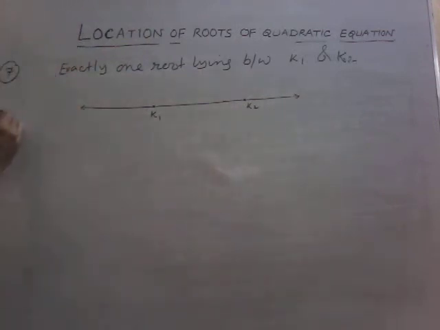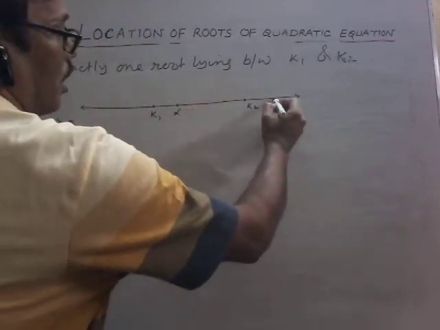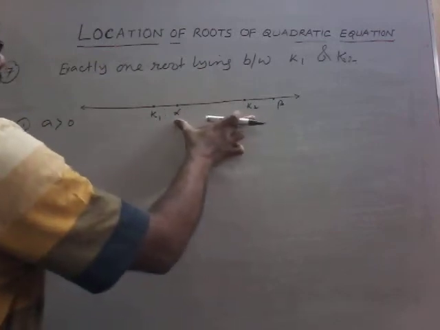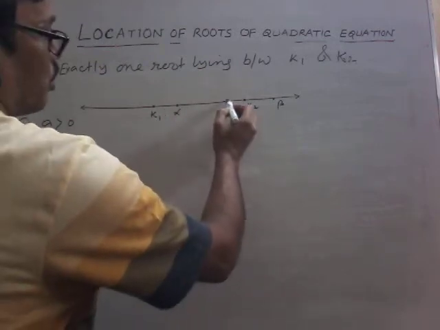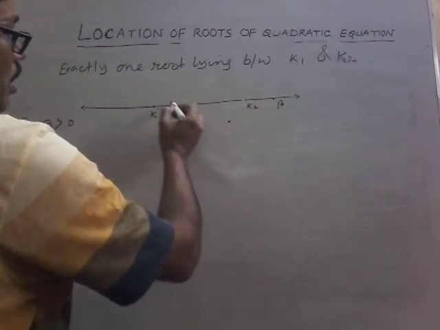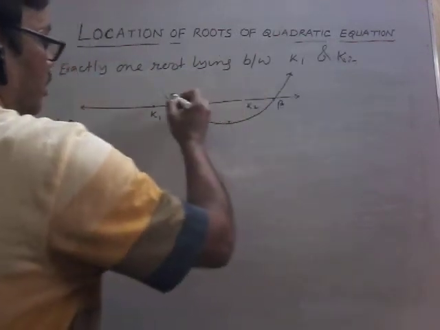So two cases. A greater than 0 is one case. So this is alpha and this is beta. One root, that is alpha, lies between K1 and K2. So figure will be like that.